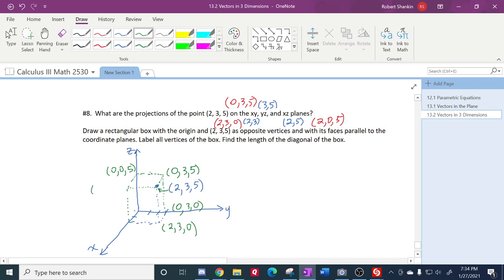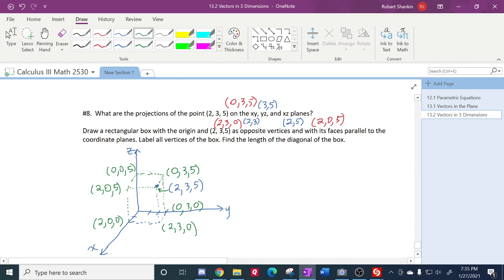This point over here had an X coordinate, 2. You didn't move any on the Y. You moved 5 up on the Z. And there's just one more to go. This is on the X-axis, 2 out on the X-axis, but we didn't go to the right, and we didn't go up.